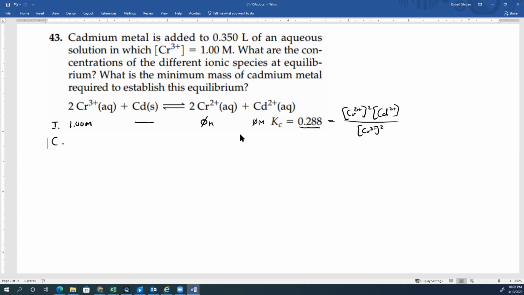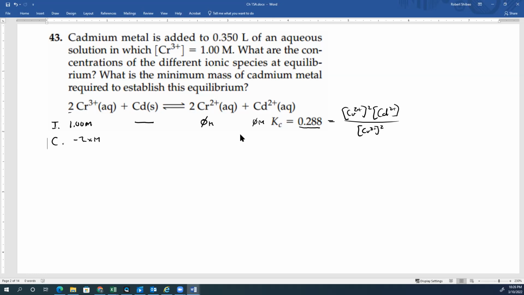And then we look, it's a 2 to 1 to 2 to 1 ratio. So this is going to be minus 2x molar. Now, if I did this in terms of moles, I wouldn't do this in terms of moles because one, this mismatch is actually there's 2 here, there's 3 here, and then the cadmium. What do we do with that?